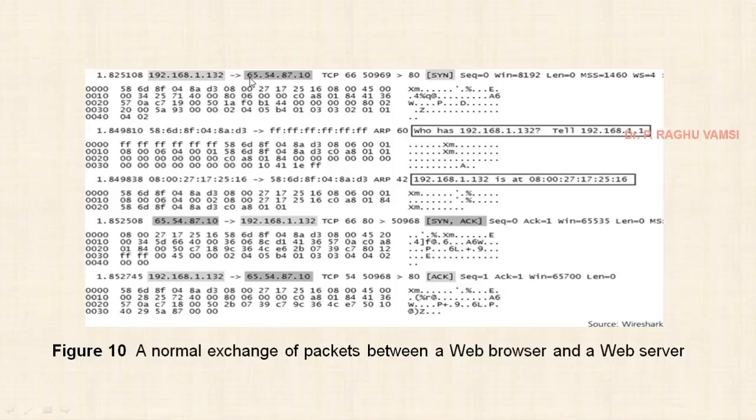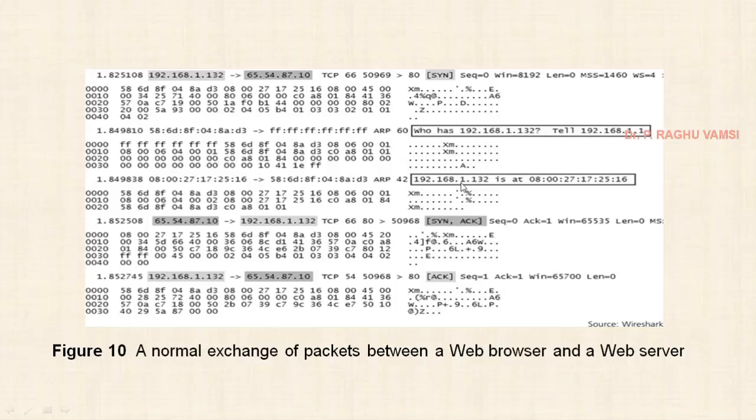Whenever this IP address is received, it is the responsibility of the resolver to ask who has 192.168.1.132. It will ask the router, or the network, who has this particular address. Then in response to that, ARP will come into the picture.